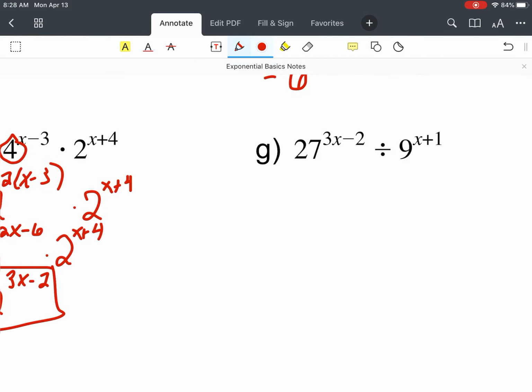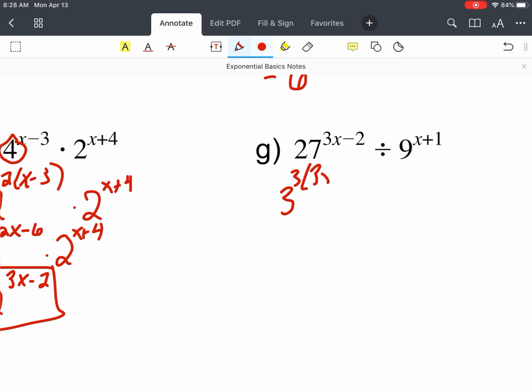Last one. Now again, at first glance, these two things do not have the same base. However, they do share a common base, and that common base is 3.